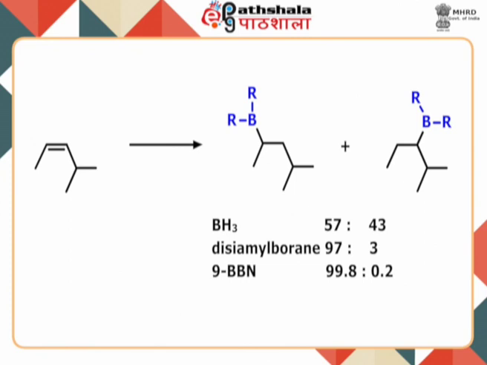You can see here with BH3 it is 57% of the first product and 43% of the second. So, the second is also in quite a predominant amount, and as you go from di-isoamyl borane to 9-BBN, the percentage varies: you get 97:3 for di-isoamyl borane and 99.8%, the exclusive anti-Markovnikov addition product, in the case of 9-BBN.